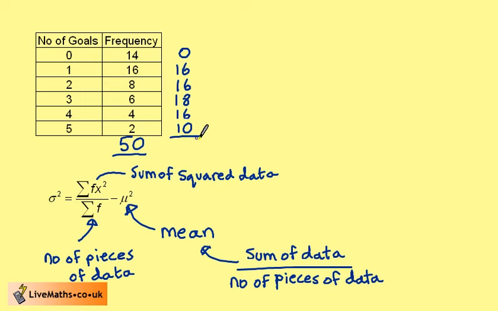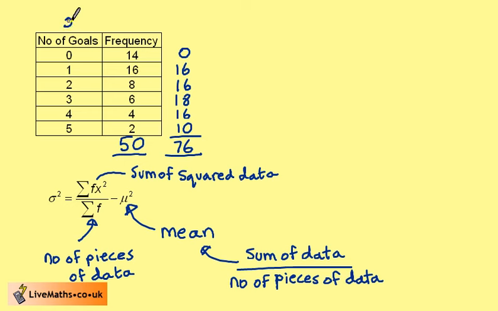This gives us that the sum of all the data is 76, and the mean will therefore be the sum of the data divided by the number of pieces of data, so will be 76 divided by 50.